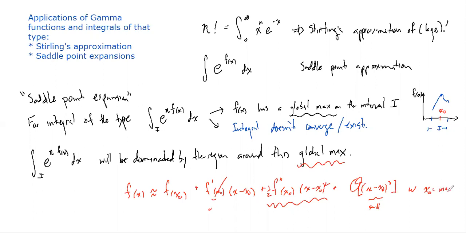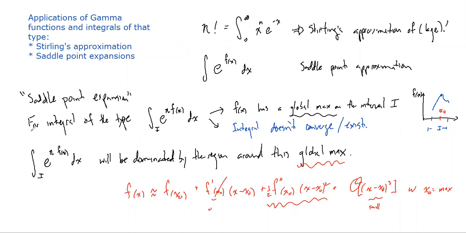And x naught is the value at which the function inside of the integral with the exponential is a maximum. So we just replace it, and then what you realize is, hey, this looks exactly like the type of integral we just solved on our way of proving or evaluating what gamma of 1/2 is.